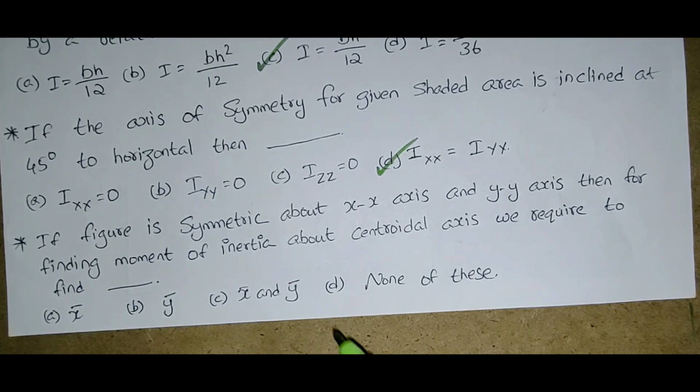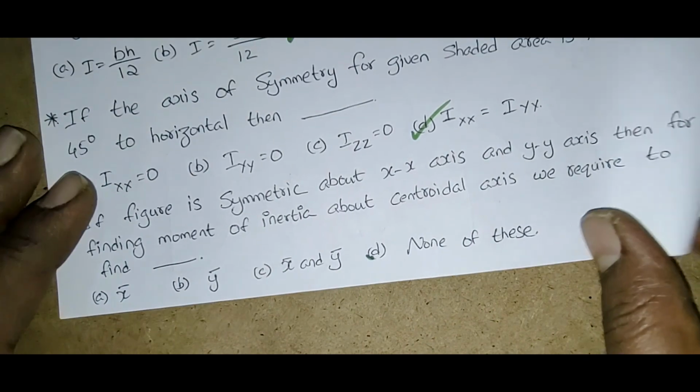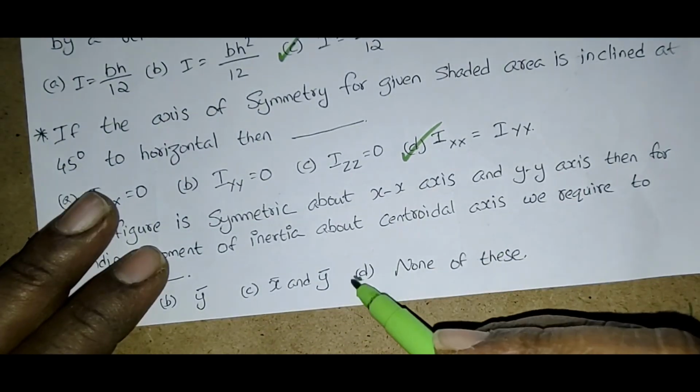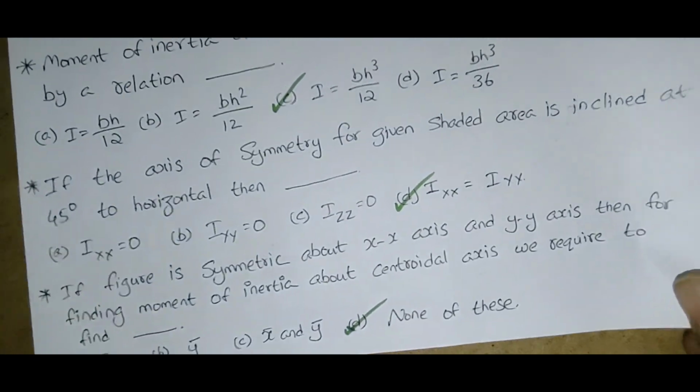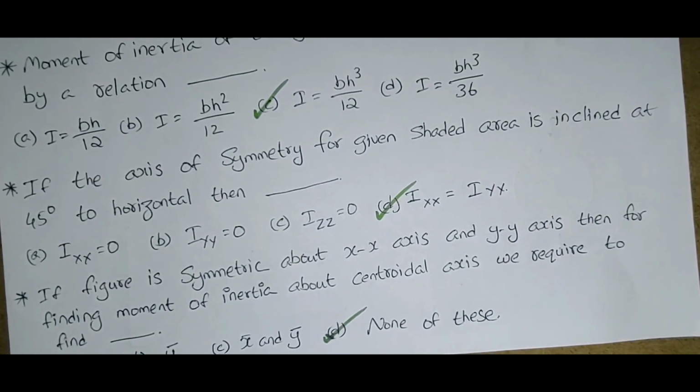So it is none of these. This is the option. This is not, this is not, this is not, and this is not, the correct answer is none of these.